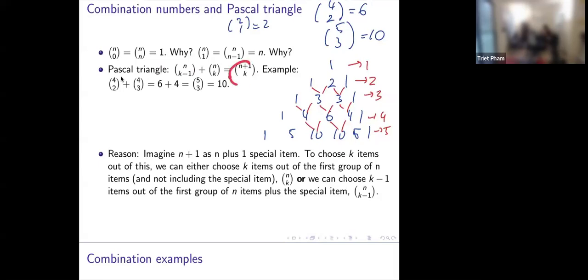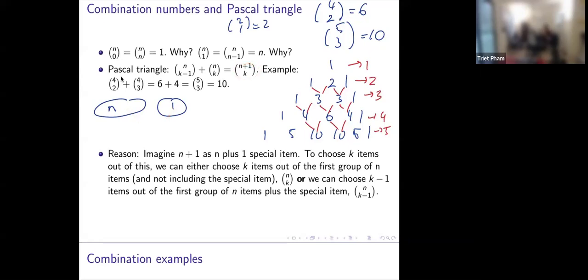When we look at n plus 1 choose k, you can look at it as a group of n items, and you have 1 special item. Out of these, you want to choose k items. That's n plus 1 choose k.